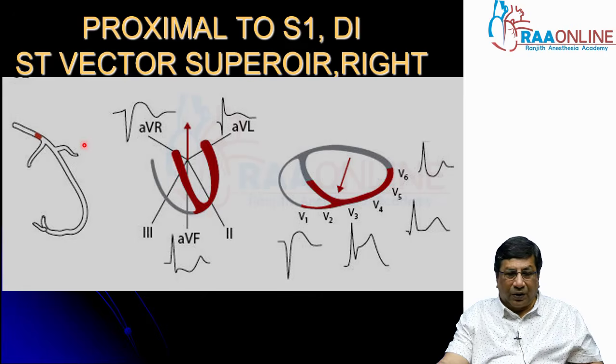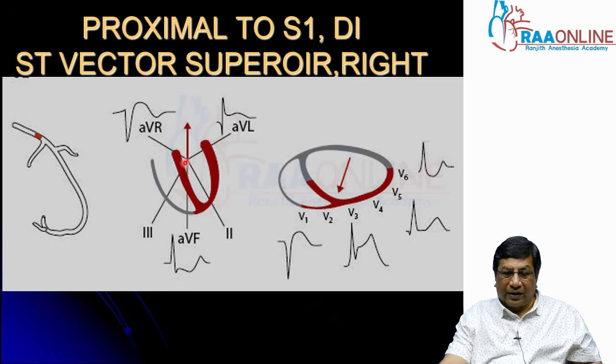Whenever you have a proximal LAD lesion, proximal to the first septal branch and first diagonal branch, the injury happening because of a total occlusion will primarily involve the basal segments as well as the apical segments. But the basal segments, like the basal septal region and basal high left lateral region, are involved more than the apical regions. Because of that, the basal regions are more injured.